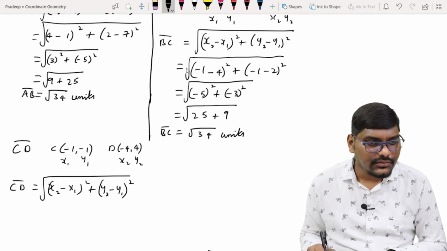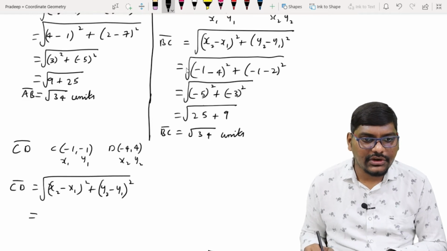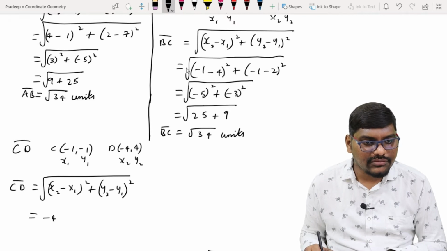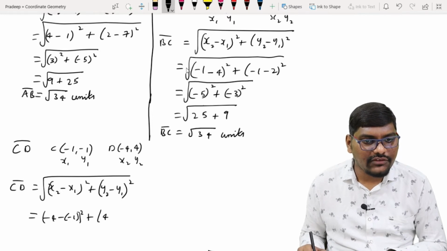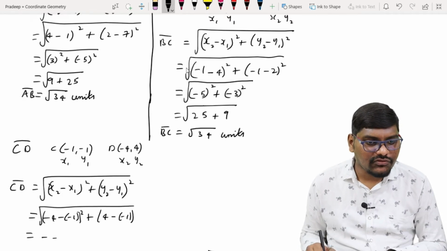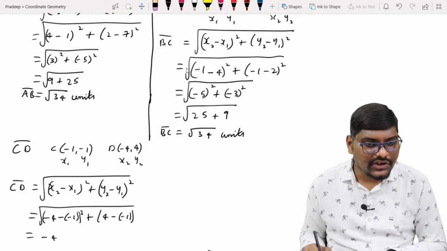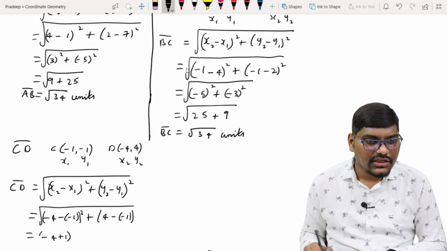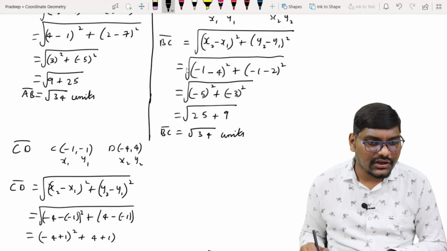So x2 is -4, x1 is -1, so (-4 minus (-1)) whole square, that is -4 plus 1, plus (4 minus (-1)) whole square, that is 4 plus 1, all under root.